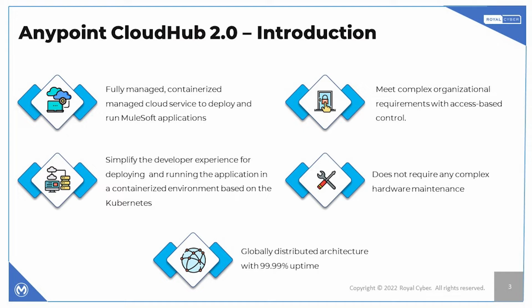Developers can experience the ease of doing things with the new containerization approach because of its scalability, reliability, and high availability. Generally, MuleSoft handles hardware maintenance operations prior to any complex issues. As CloudHub 2.0 is available across 12 regions globally, it is a vast distributed architecture with 99.99% uptime.